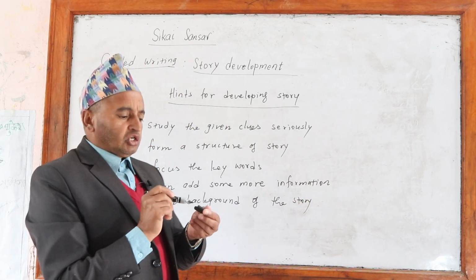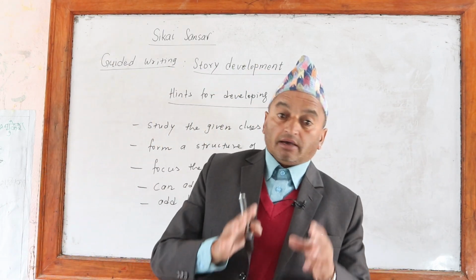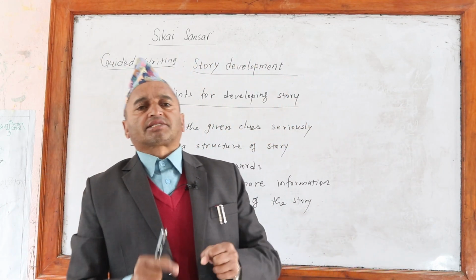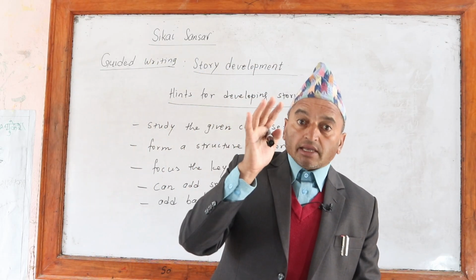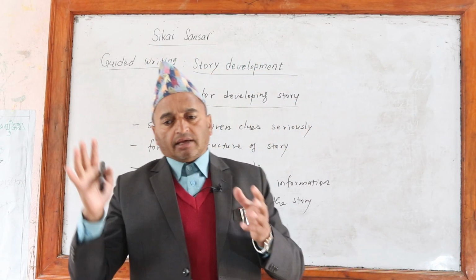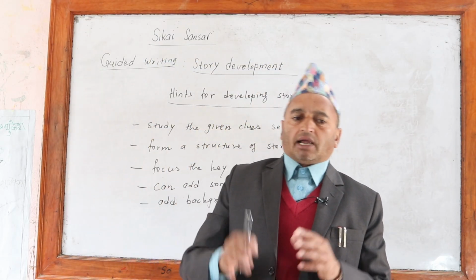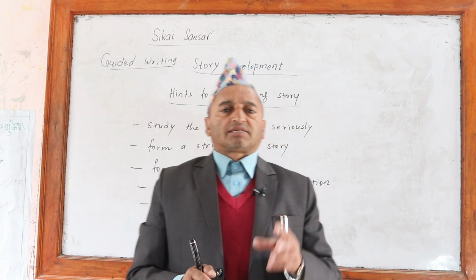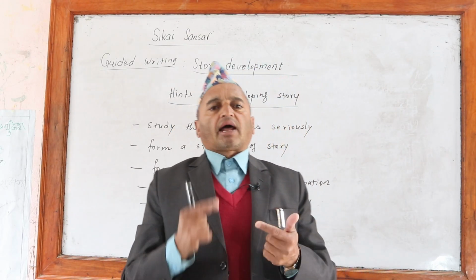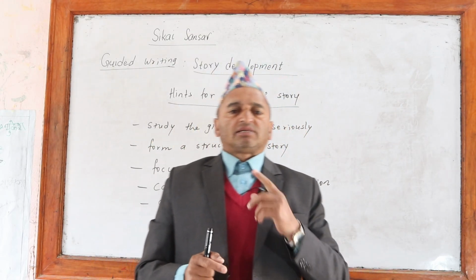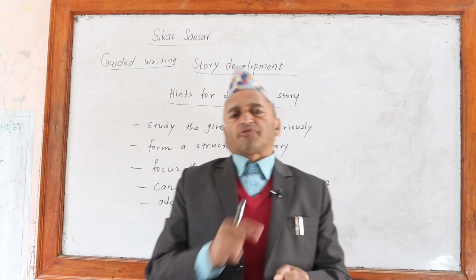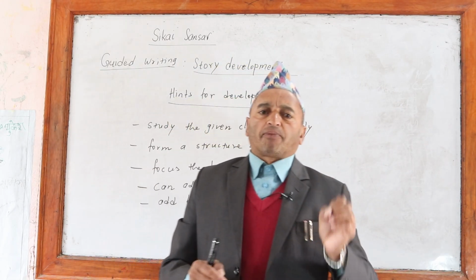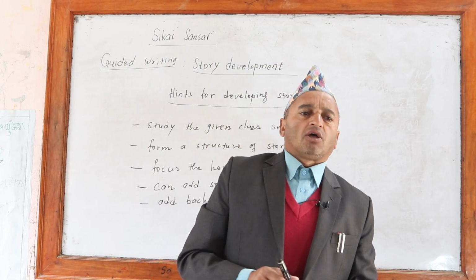And finally, two things are left. Sometimes the question itself gives the heading, a topic, and at the end of the skeleton, a moral is given. So while developing a story, teachers or students shouldn't forget to supply a topic, a heading, and the moral as well.